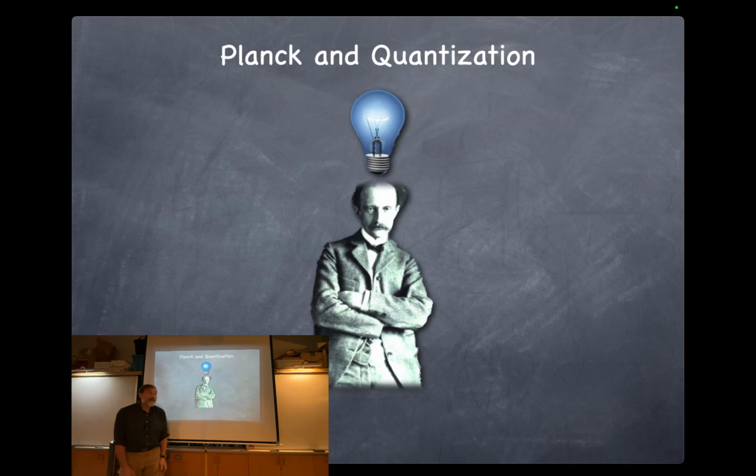So Planck's idea is, what if we just arbitrarily cut off what energy light can have. Planck says what we have to do is move away from this concept of light as a continuous wave with infinitely dividable energies.